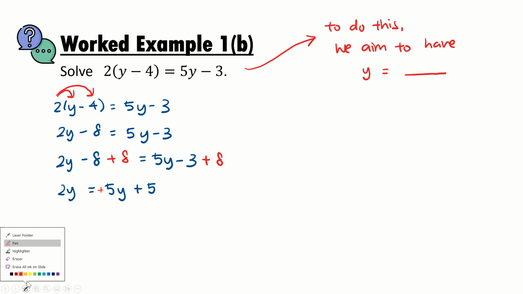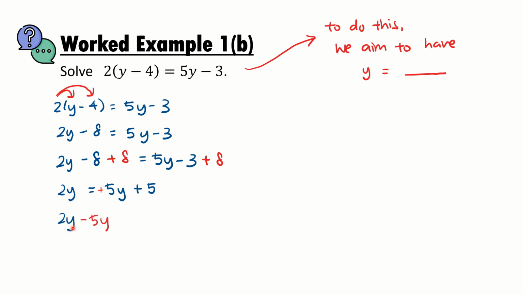Because it is a positive 5y, in order to get rid of this positive 5y or create a zero pair, we need to introduce a minus 5y on the right side of the equation. When I introduce a minus 5y on the right side, I also need to introduce a minus 5y on the left hand side, because that is how we go about balancing the equation.